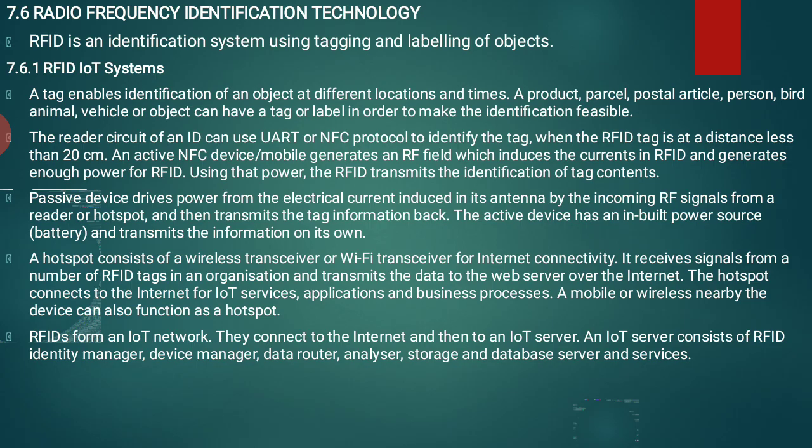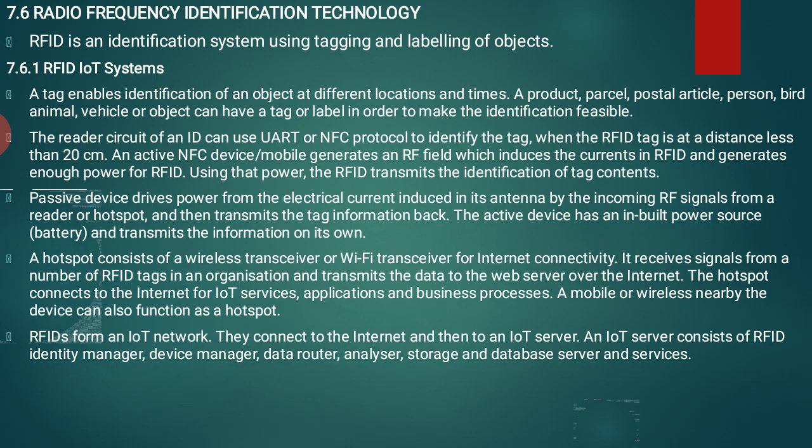A passive device derives power from the electrical current induced in its antenna by an incoming RF signal from a reader or hotspot. We are already familiar with passive devices. These devices do not have their own power source; without this source, they won't work.